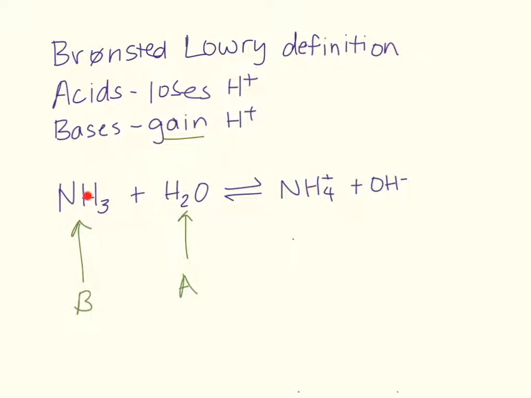NH4 turns into NH3, so it's losing a proton. So we call that the conjugate acid. And hydroxide started here and then turned into water, so it gained a hydrogen, so that's the conjugate base.